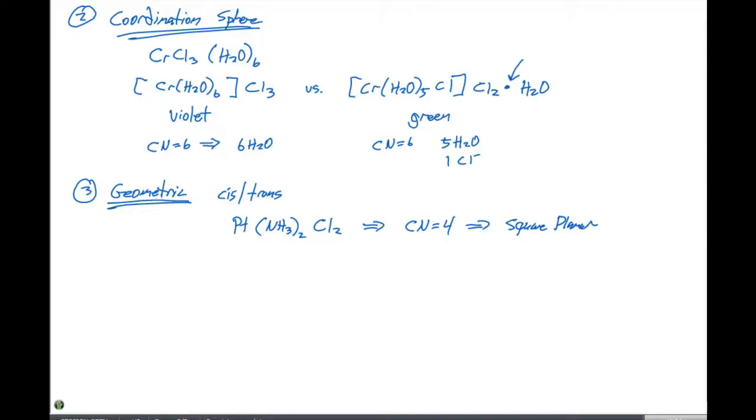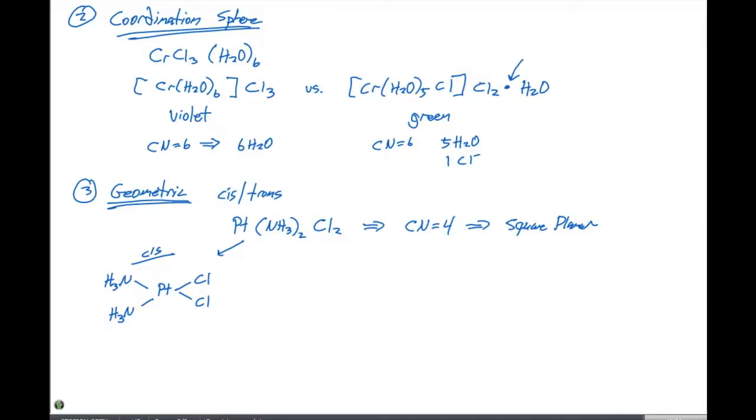If we draw out the cis isomer, it's going to be Pt, and the square planar is simply a coordination number of 4 all in the plane of the board. The NH3s, if they're in the cis configuration, are going to be on adjacent vertices, and the chlorides are also going to occupy adjacent vertices.